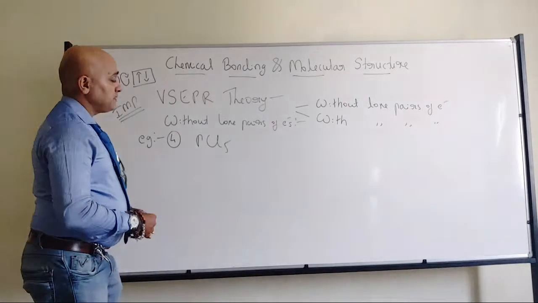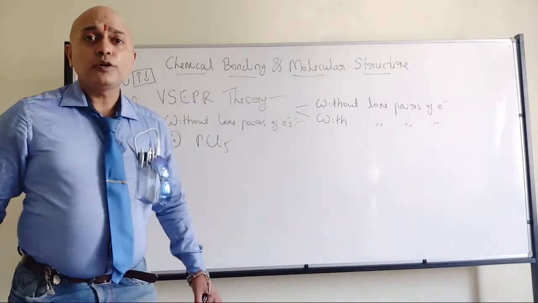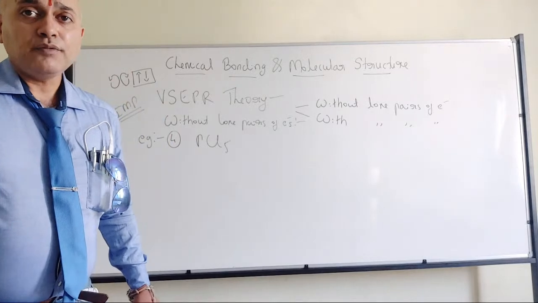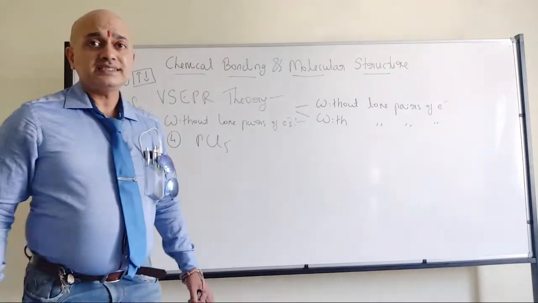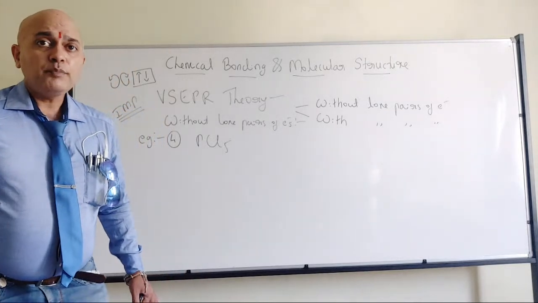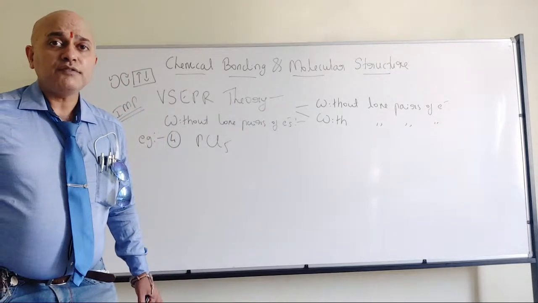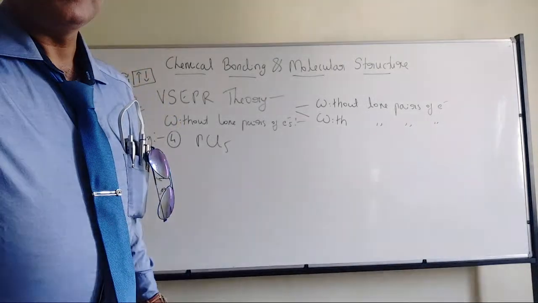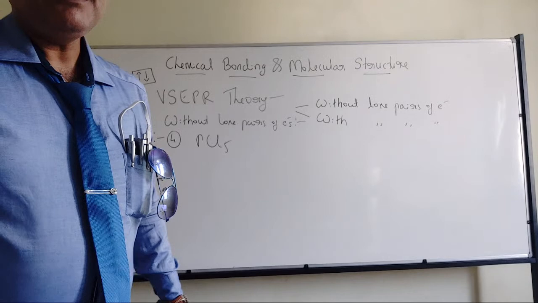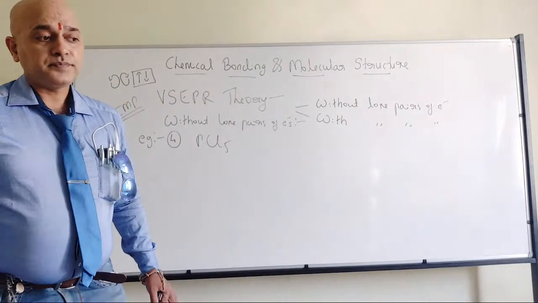Please remember. So phosphorus belongs to group 15. So how many valence electron in phosphorus? Anyone? How many valence electrons should be there in phosphorus? It belongs to group 15. How many valence electrons should be there?